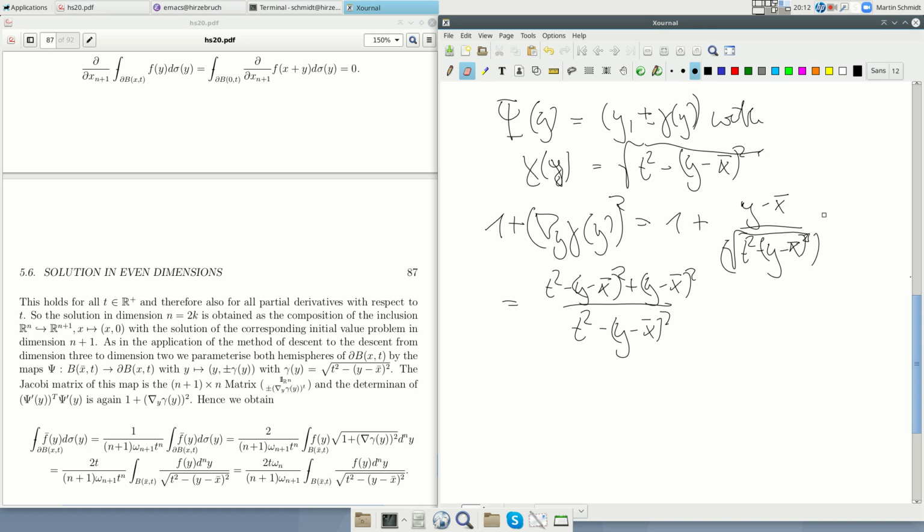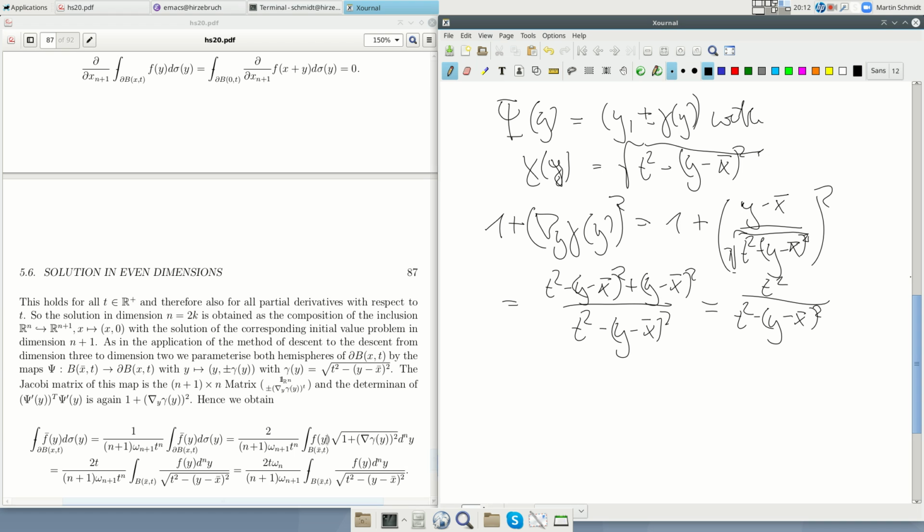Sorry, here we should take the square of the whole thing, and then we see that this is t squared divided by t squared minus |y minus x bar| squared.